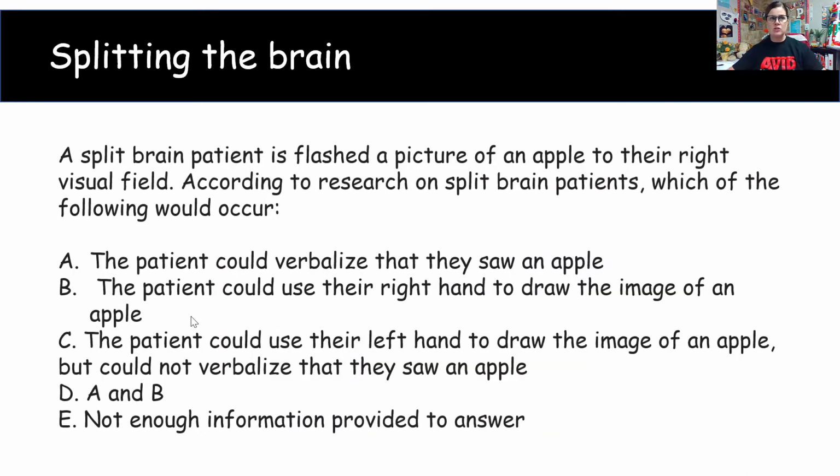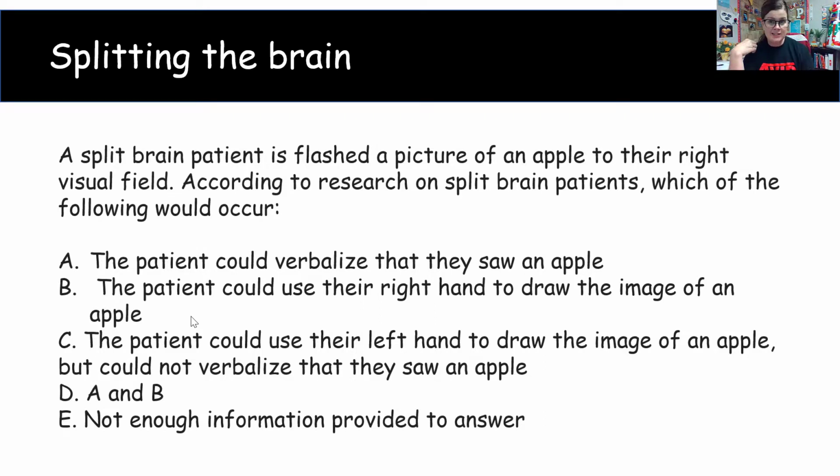So here's a little scenario. You have a split brain patient and they're flashed a picture of an apple to their right visual field. Based on what we know from the research on split brain patients, which of the following would occur?